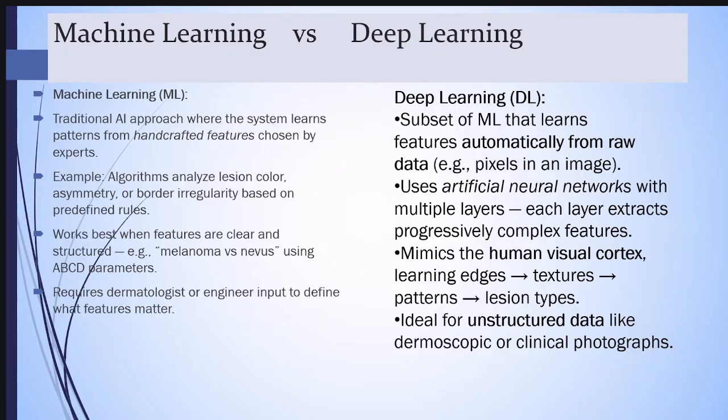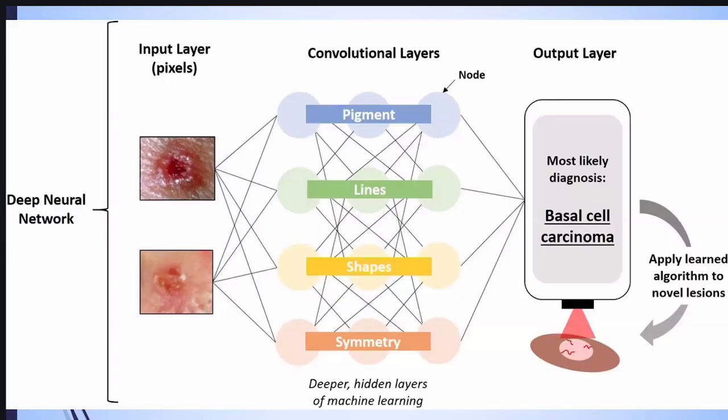It is going to learn the edges, textures, patterns, types of lesions, and all these. So as I see this, I just see a big lump with a small crater there. That's all I see. But the CNN is going to look at, see where is the pigment, how is the edge, is it extending here, how thick it is, and all those. And then it is going to give you an answer. Most probably this is so.